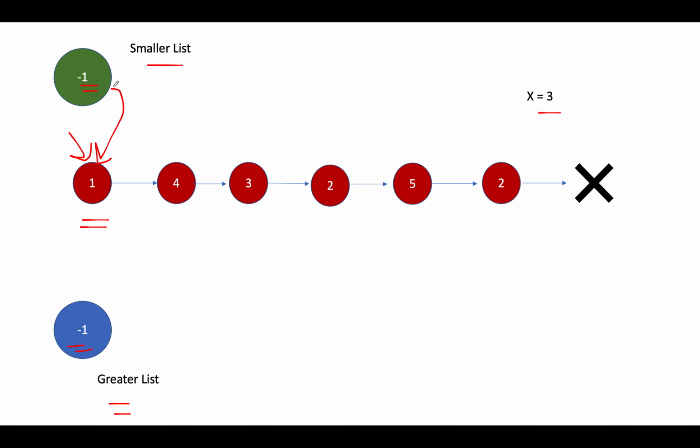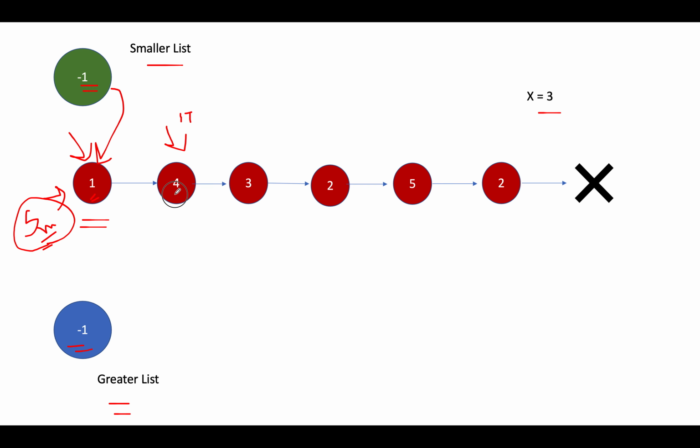So the next pointer of the smaller list iterator gets pointed to the current node, and for the next iteration, the small list pointer points here, and the iterator moves on to this node. I'm highlighting the iterator here, and this is my small list pointer.